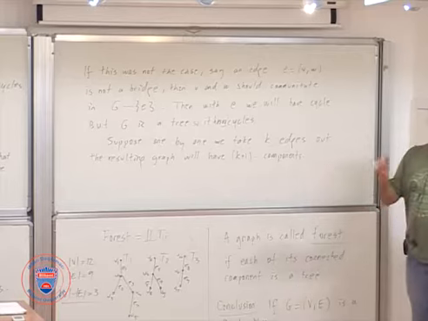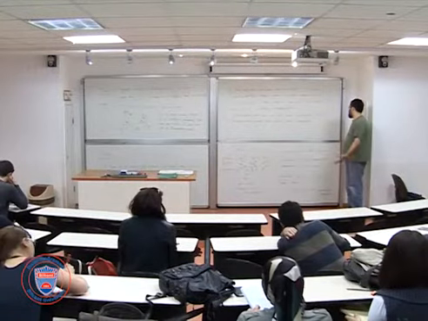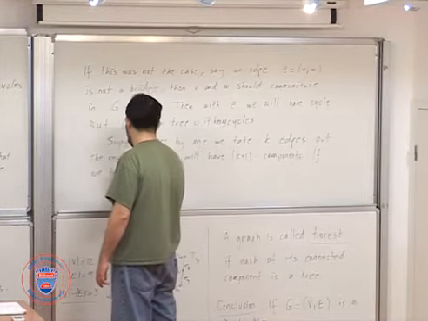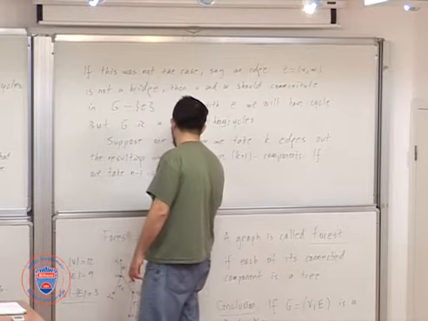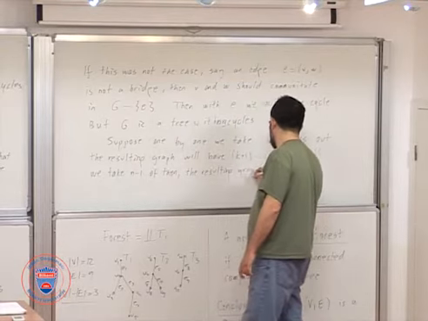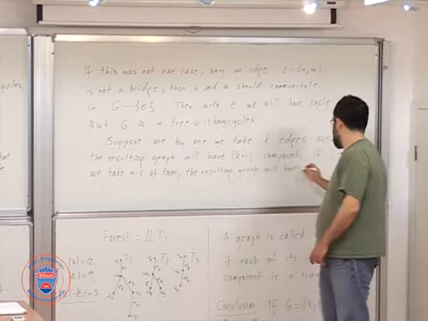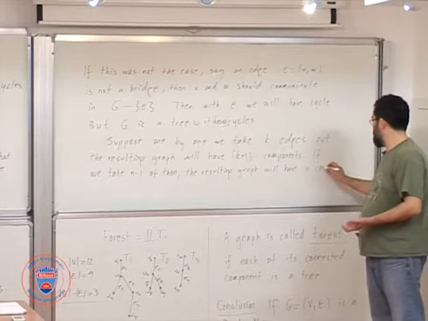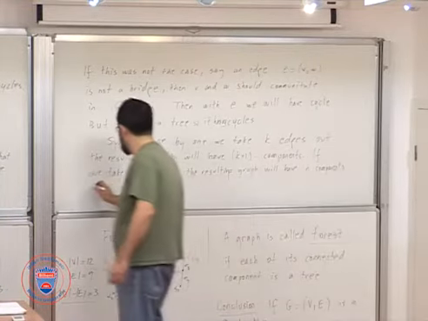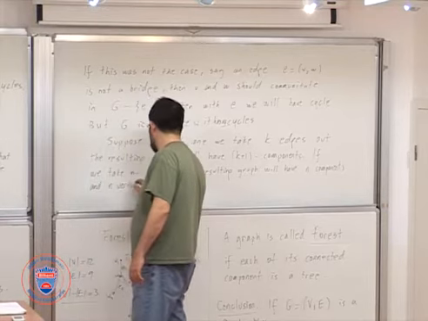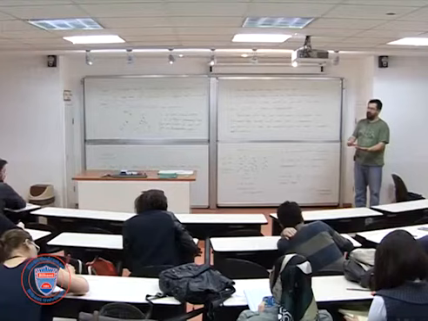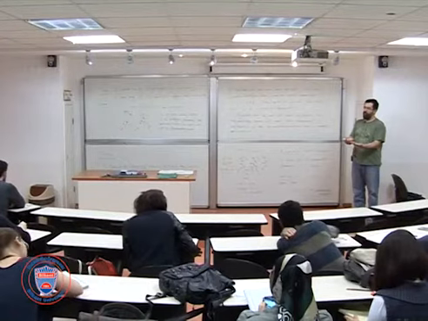Now, suppose you take out n minus one of them. The resulting graph will have n components and n vertices. If you have n components and n vertices, what kind of graph can you have?